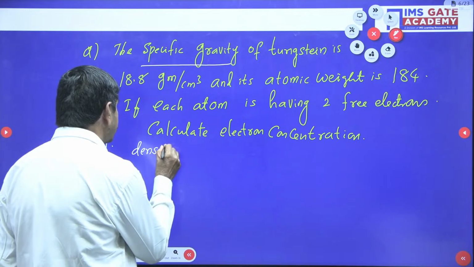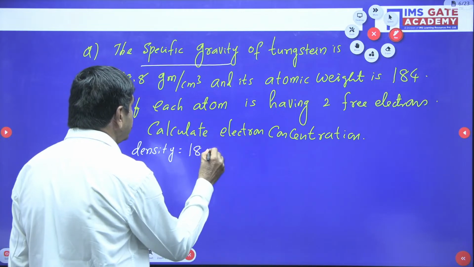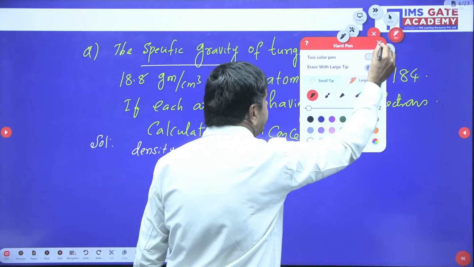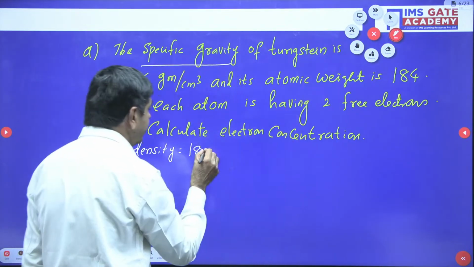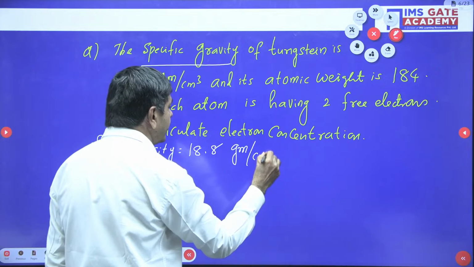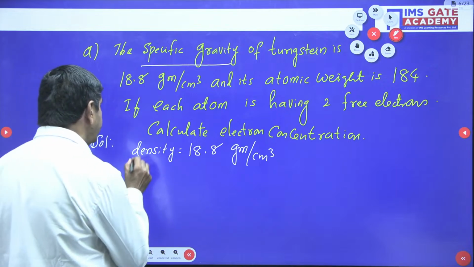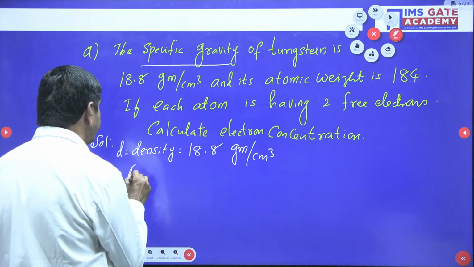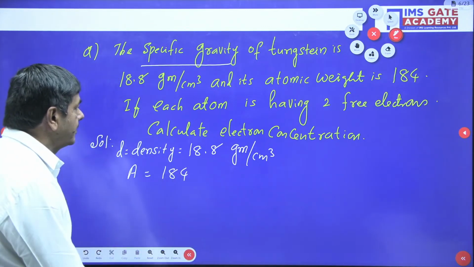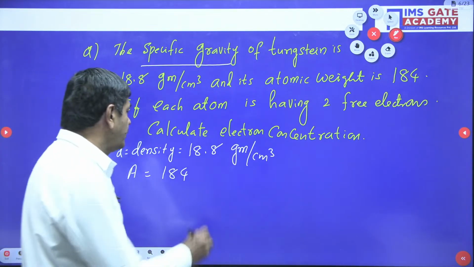The density is given as 18.8 grams per cm cube, and its atomic weight is also given. Density I can put as D, atomic weight as A, which is 184. But each atom has two free electrons.